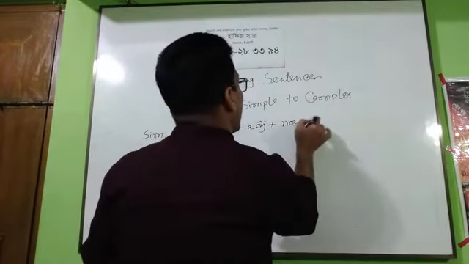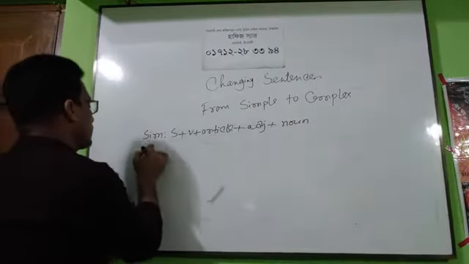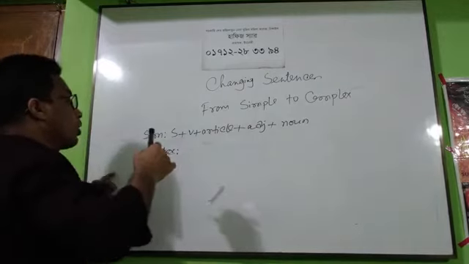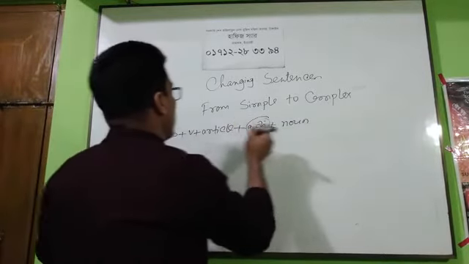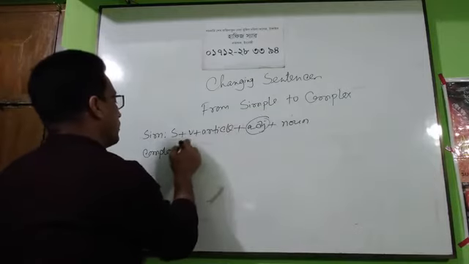If the simple sentence has the same structure, then for complex, just remove the adjective from here, and the other part of the sentence will be the same.